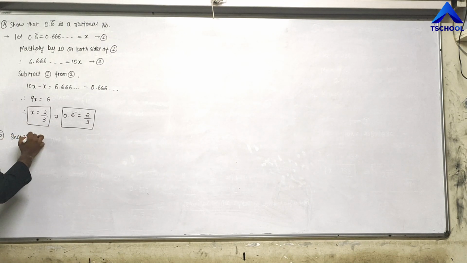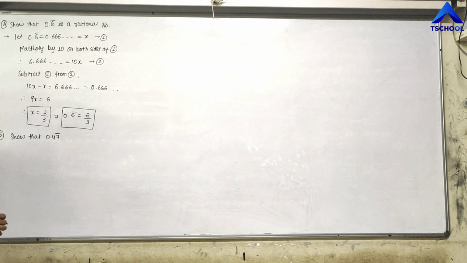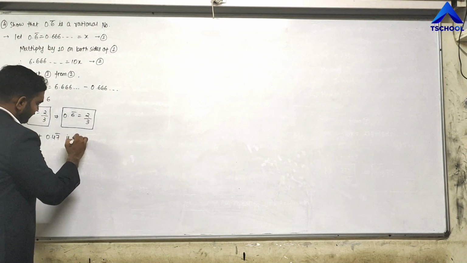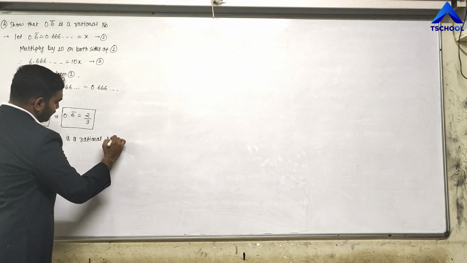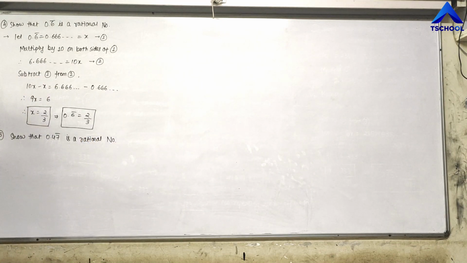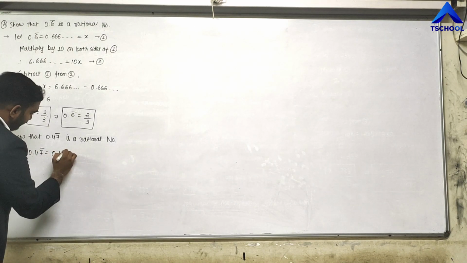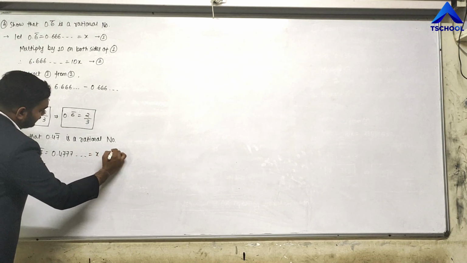Again, show that 0.47 bar, it is only bar on the 7, 0.47 bar is a rational number. So again, let 0.47 bar, that is 0.4777..., equal x.